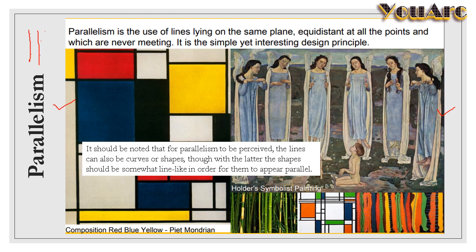So see these angels, they are a best example of parallelism. See this wooden structure, see this bamboo forest, they are also best examples of parallelism. In this figure again, parallel lines are coming. There are different curved lines here, but still they come under parallelism. So I hope you understood the picture about parallelism. Moving on to the next slide.